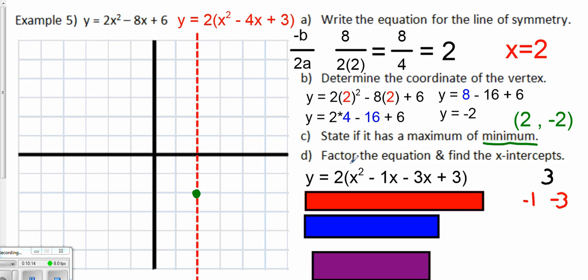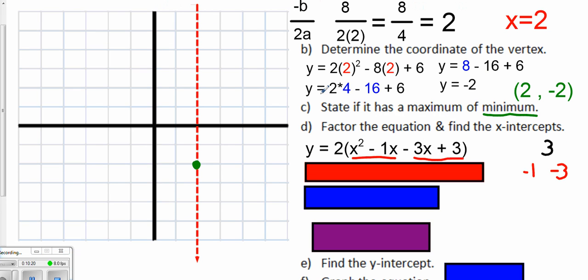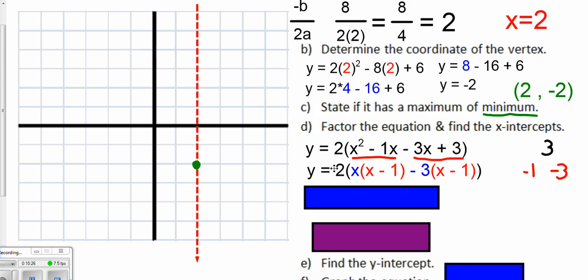Now, like before, we can factor what's on the inside of this by grouping. So, let me group that and factor it. There's still 2, that greatest common factor on the outside. From this group, we can take the x out and leave x minus 1. On this group, we can take a negative 3 out.